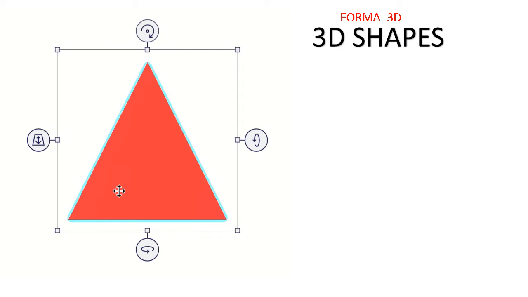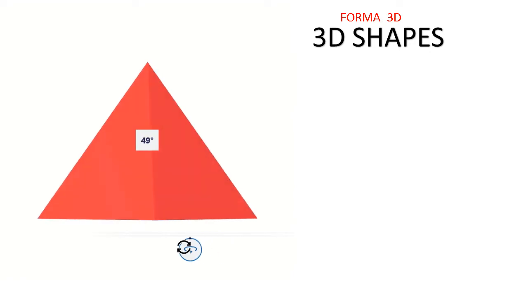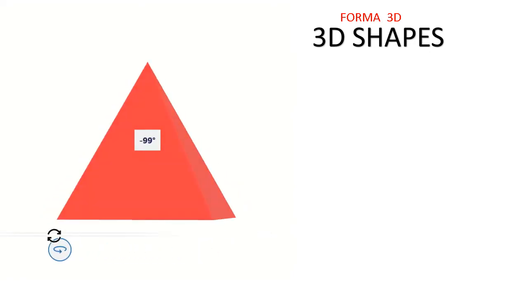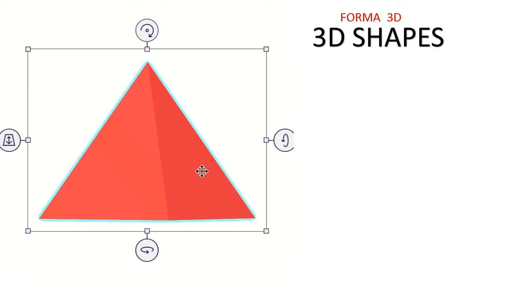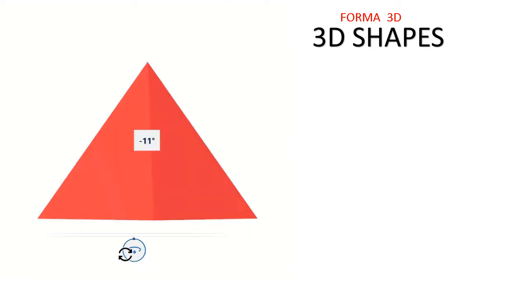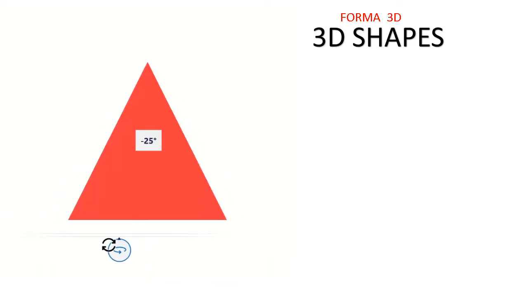This is another 3D shape. It looks like a triangle, but it's not. We can turn this shape around and look at different sides. This is one face, this is another. Each of these faces is a triangle.